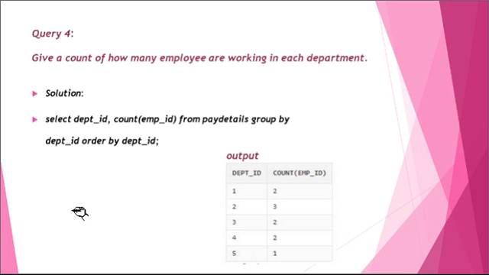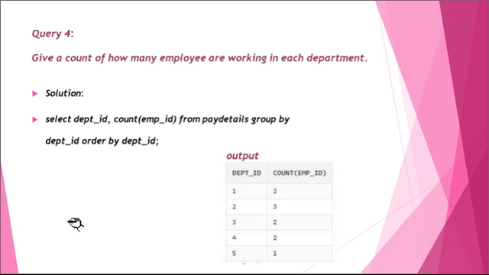So I have written count, which is one of the aggregate functions that prints the number of rows in a particular column. From pay details, now I want group by, because I have to create groups according to department ID, since I want employees in each department.